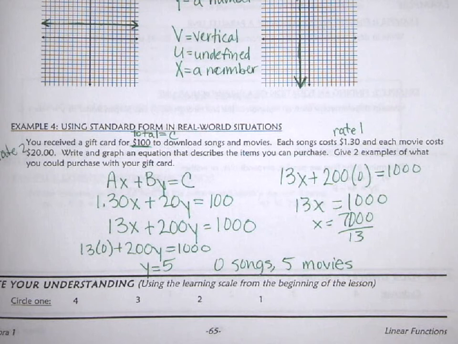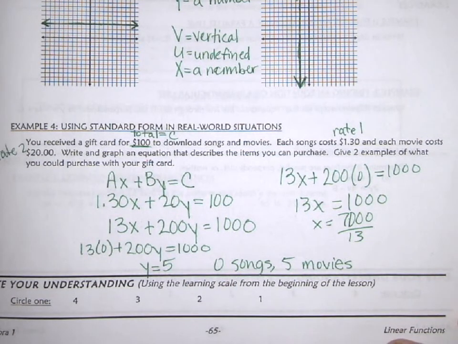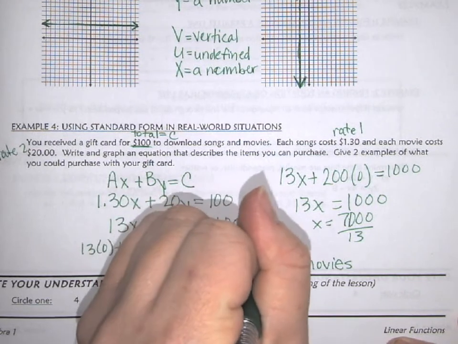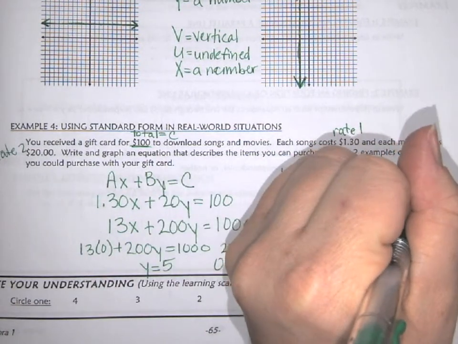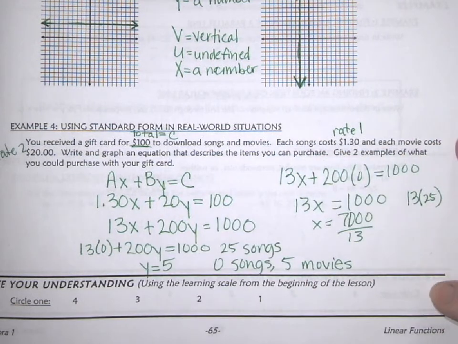If I buy, let's see here, that 13 is tricky with 1,000. Let's say I buy 25 songs. So 25 is a factor of 1,000. So that's how I picked it. So if I do 25 songs, so I have 13 times 25.